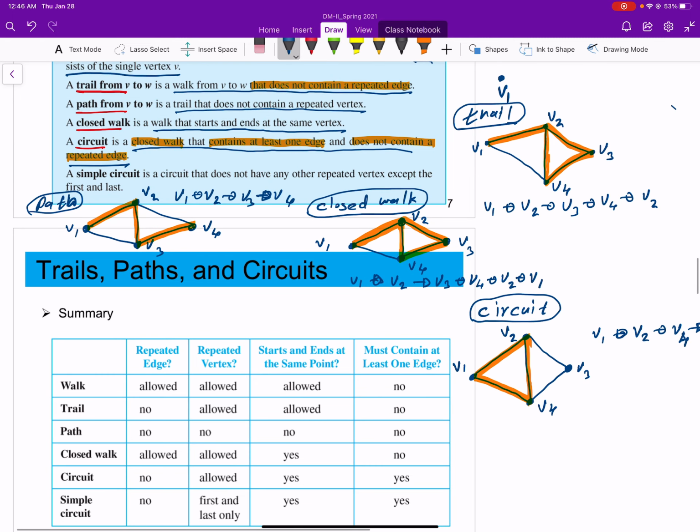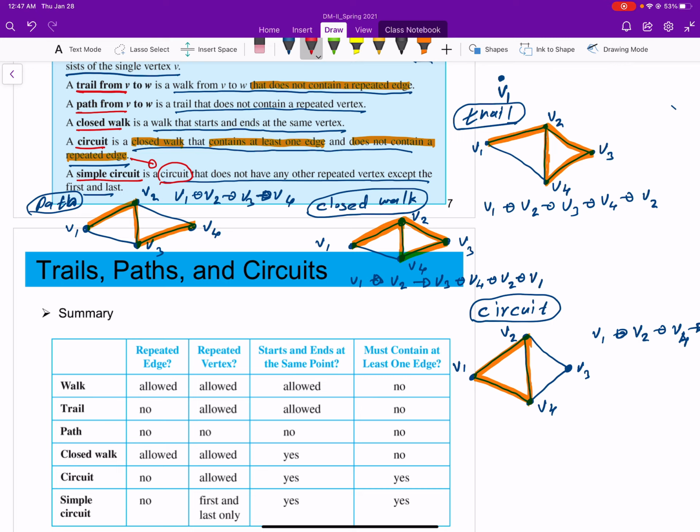Now go to simple circuits. A simple circuit is a circuit that does not have any other repeated vertex except the first and last. It's a circuit. That means when you say circuit, it doesn't have repeated edges.